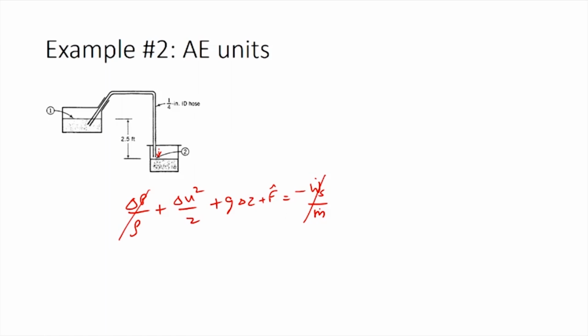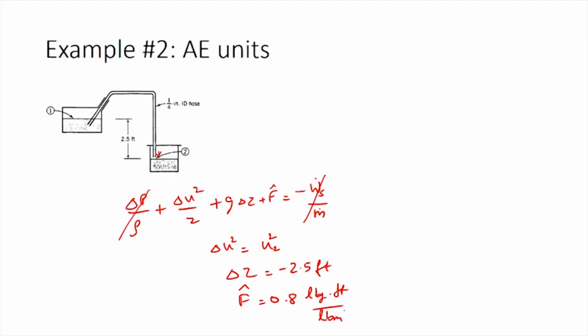Now, let us try to calculate each of these parameters. Delta u squared would be equal to u2 squared, because u1 squared is 0, and delta z is equal to minus 2.5 feet, and F cap is equal to 0.8 pound force times feet divided by pound mass.